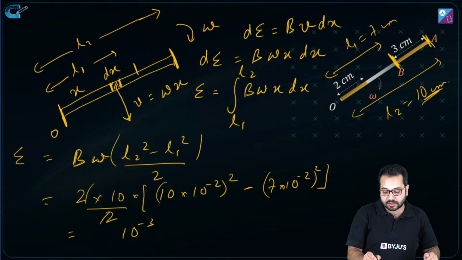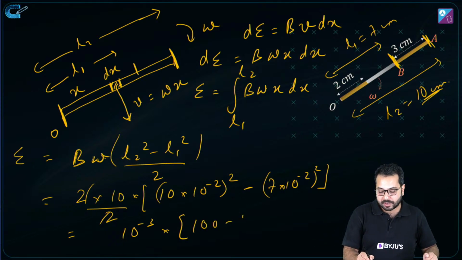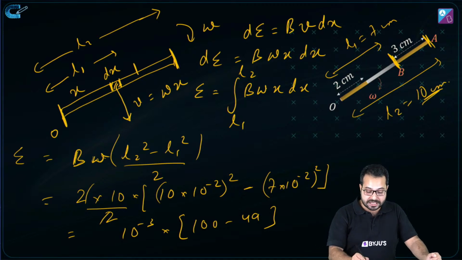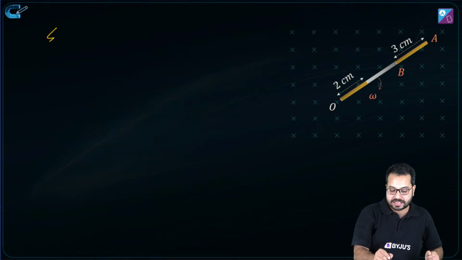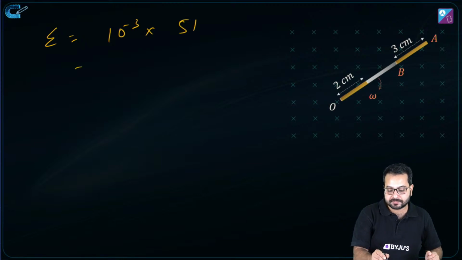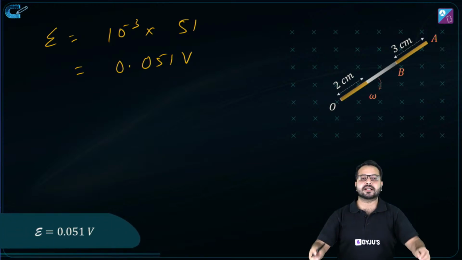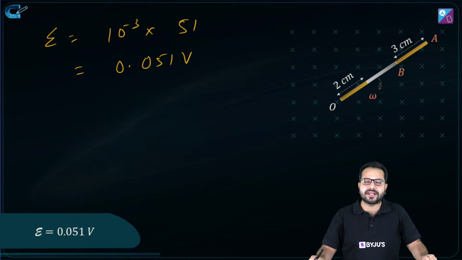This is going to become 10 to the power minus 3, and in the bracket we are going to have 100 minus 49. That is going to be 10 to the power minus 3 into 51. So the EMF is 10 to the power minus 3 into 51, which is 0.051 volt. And that should be my answer. Is that correct? Is this clear? Any problem?